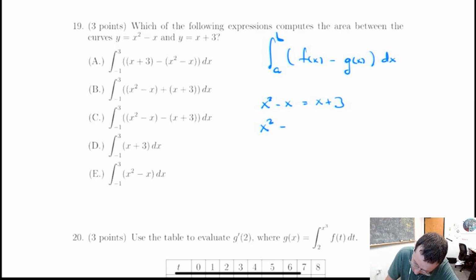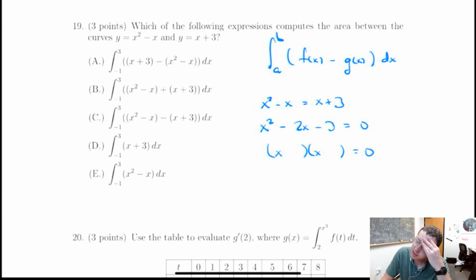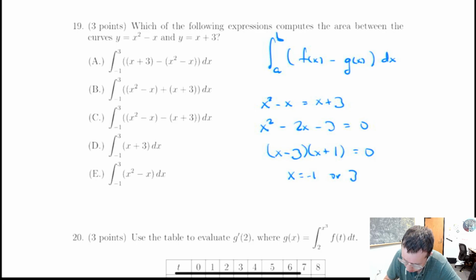If I subtract an x over and subtract a 3 over, I get x squared minus 2x minus 3, which factors as x minus 3, x plus 1. So x is negative 1 or 3.